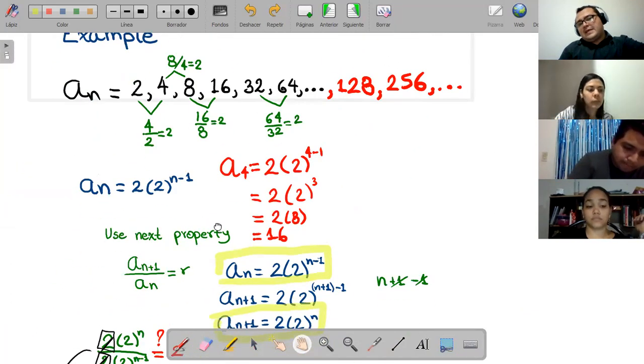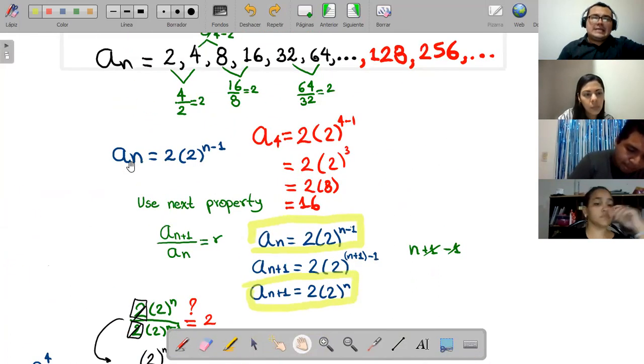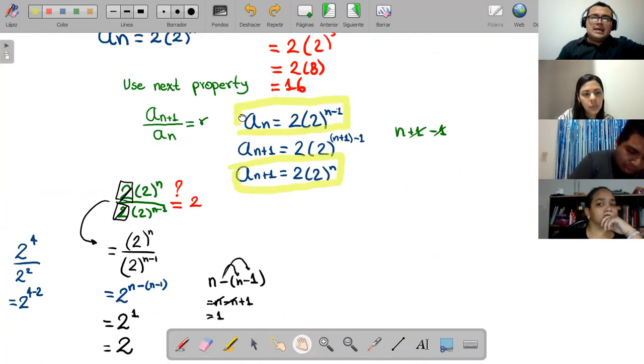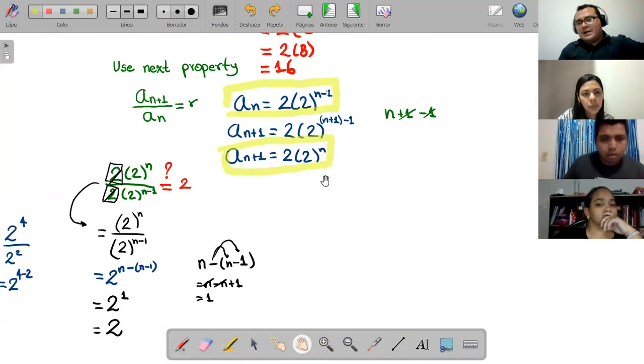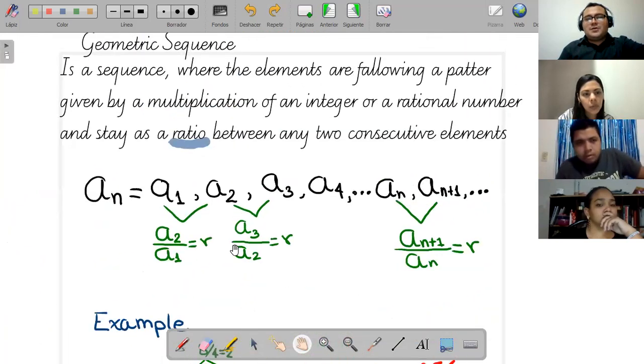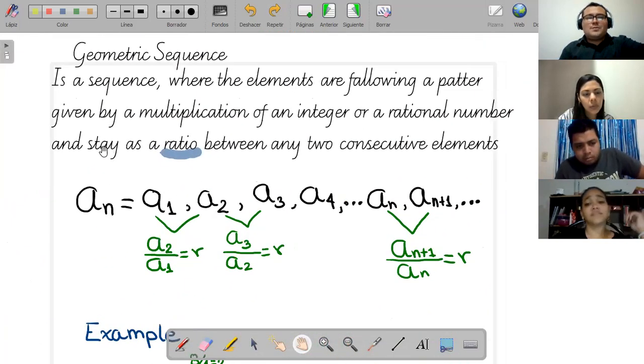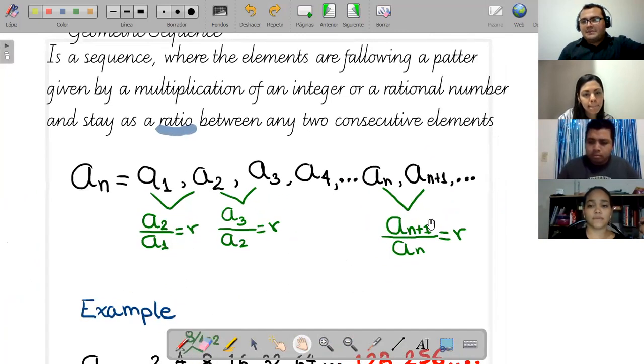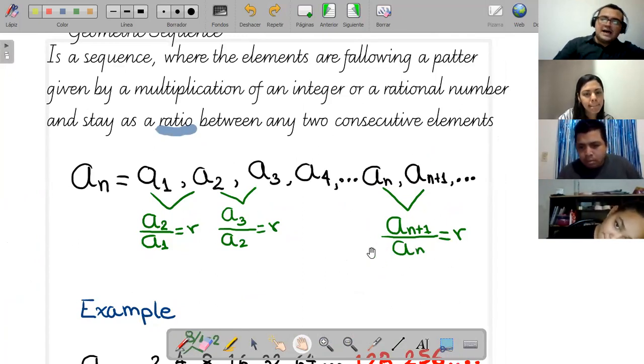Yes, so that's why we focus on the general form that describes any of these values, and we focus on the value we want and the next one, the consecutive ones. Just what I'm doing over there is translating to math sentences these lines you have over here. You always want to have a ratio between any 2 consecutive numbers. That means this. So this is the main property, as we did with the last one.